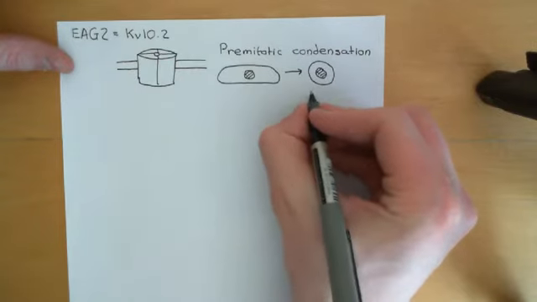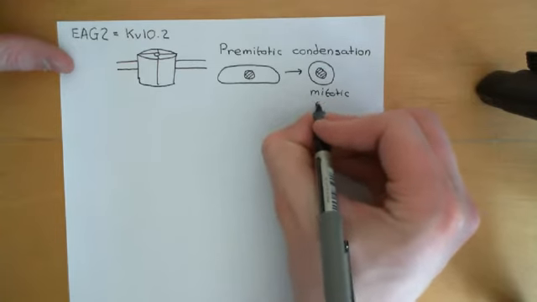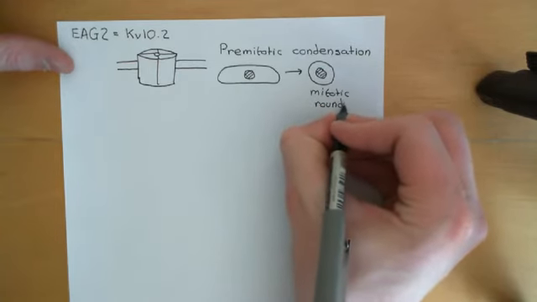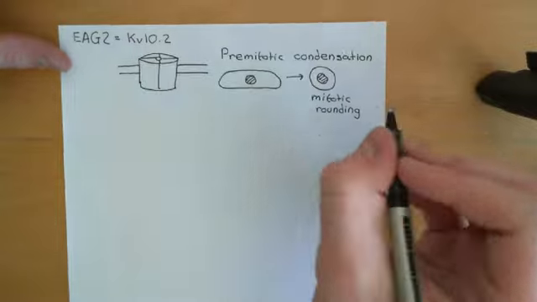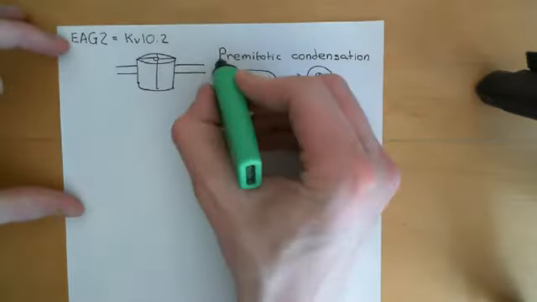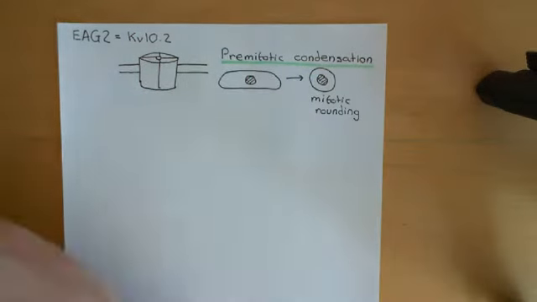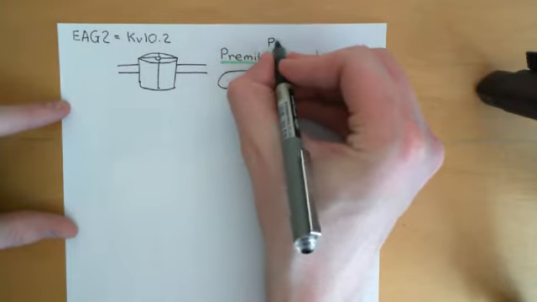There's another name for this. It's also known as mitotic rounding, referring to the fact that the cells become much rounder prior to mitosis, or rather during mitosis. So this is the phenomenon of premitotic condensation, which is sometimes abbreviated to PMC for short.